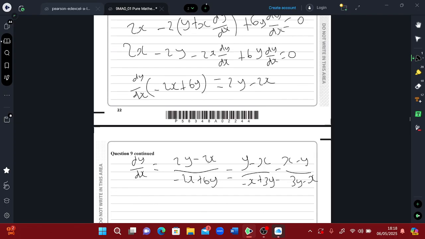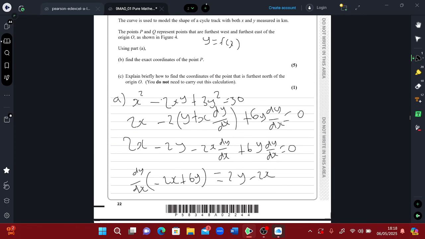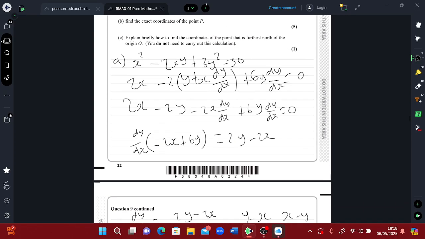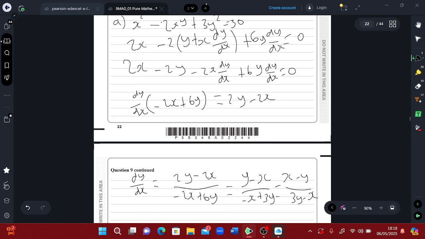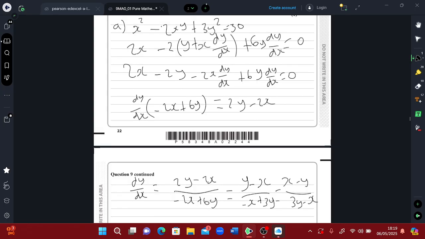Y minus x. Hang on. 3y minus x. We messed up somewhere. Let's pay attention to the signs here. So they want y minus x. So what happened here? Let's have a look.